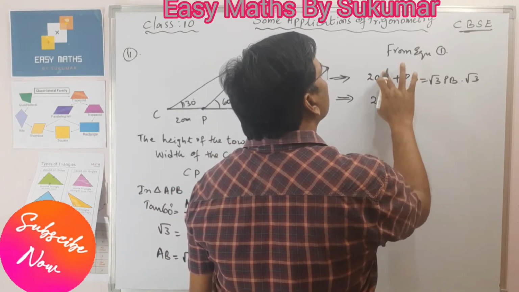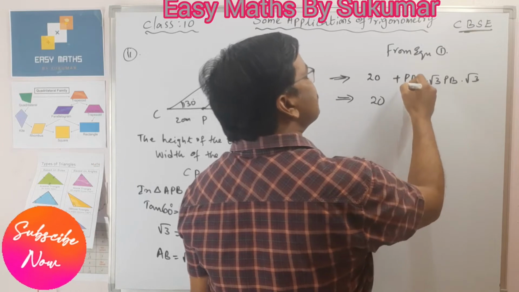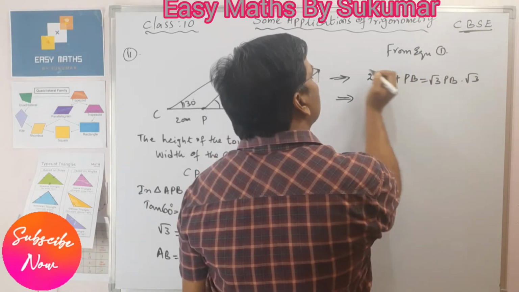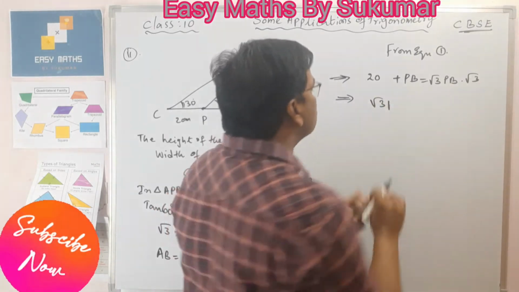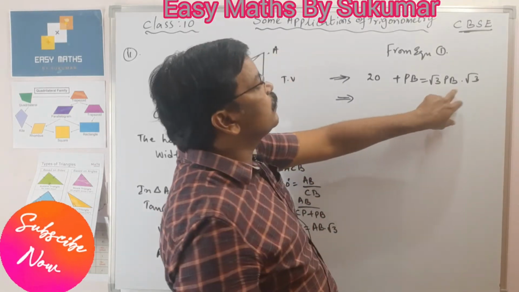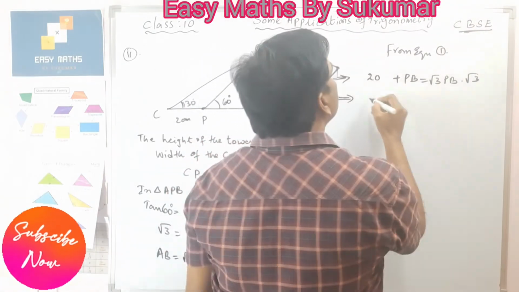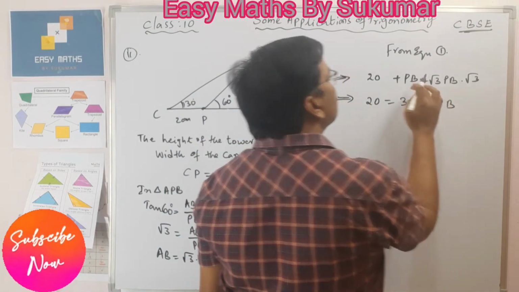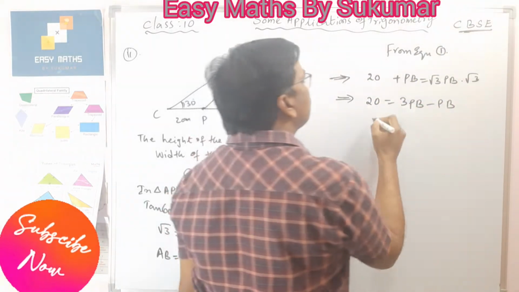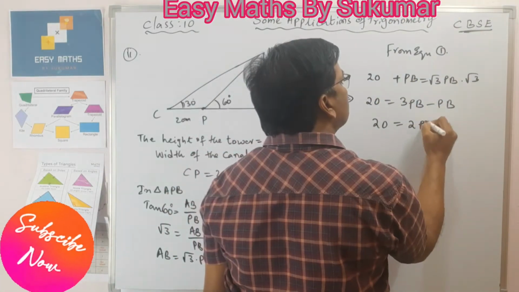Root 3 PB into root 3 is 3PB. So 20 is equal to 3PB minus PB. Transpose to the other side. That means 20 is equal to 2PB.